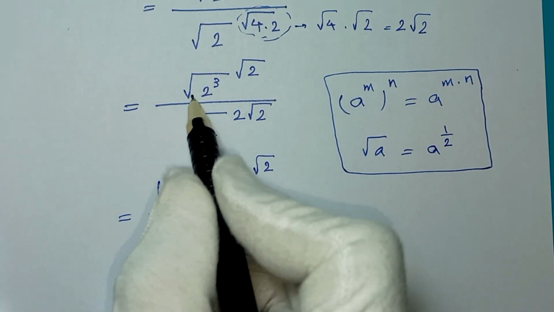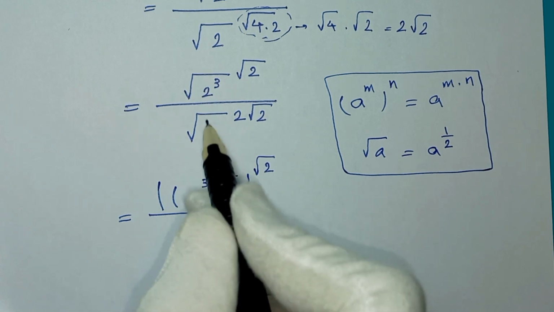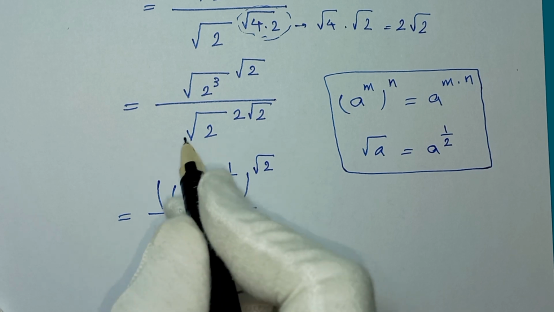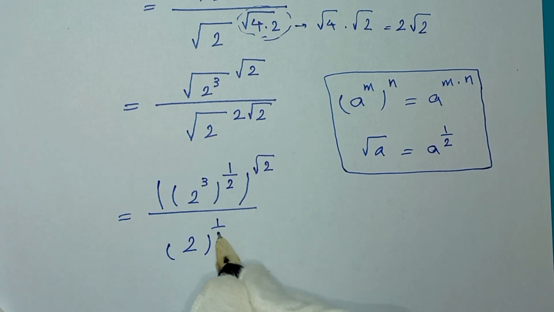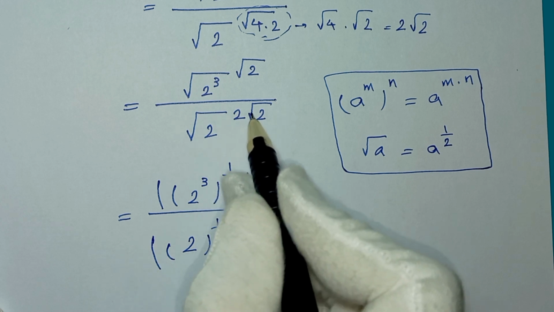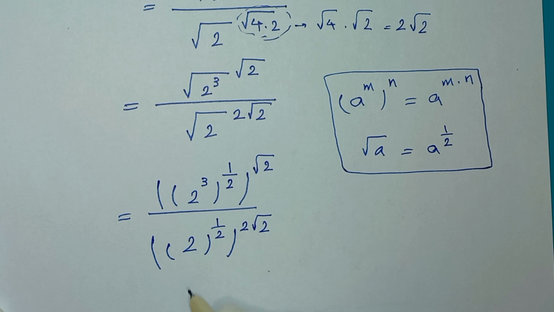So in here, if we write this square root as the power of 1 over 2, and also in here, 2 to the power of this square root 1 over 2, and to the power of 2 times the square root of 2.